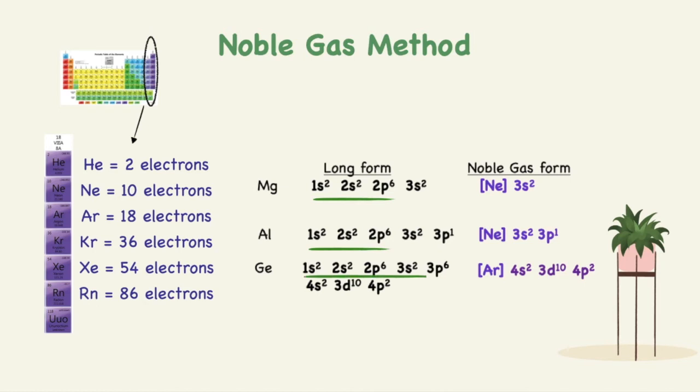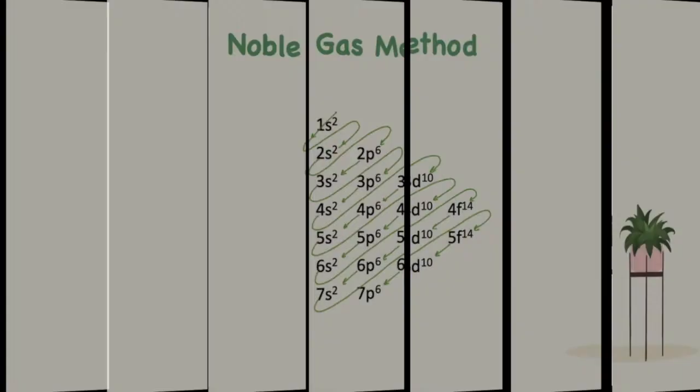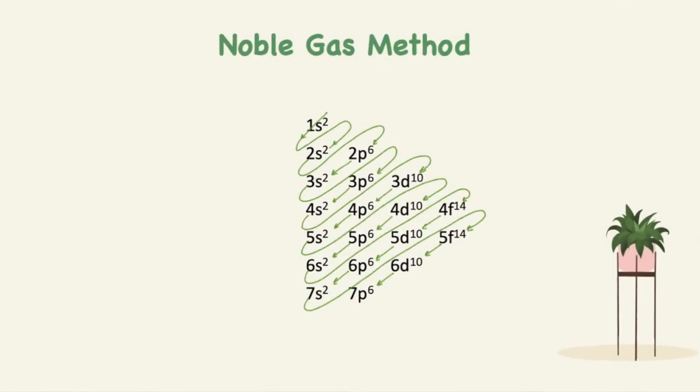And how can we write this simple configuration? Please take a look. So this is the shortcut. Helium will shortcut up to 2s, neon up to 3s, argon up to 4s, and so on. The shortcut is based on the number of electrons that the noble gas has.